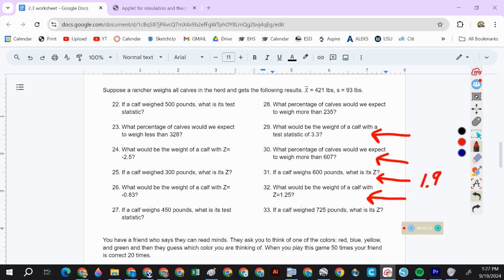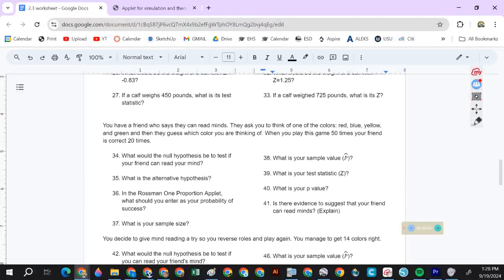What is the weight if Z is 1.25? 537. And if a calf weighs 725, what is its Z? 3.26.